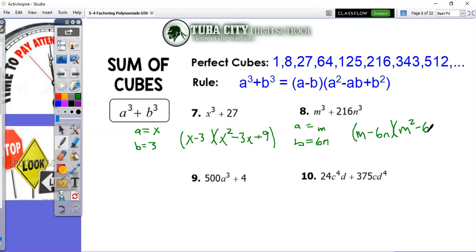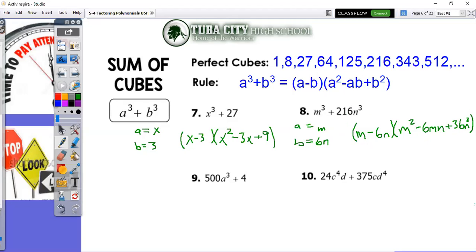So 6MN plus B square, 36N square. And there we go, we're done with that one.